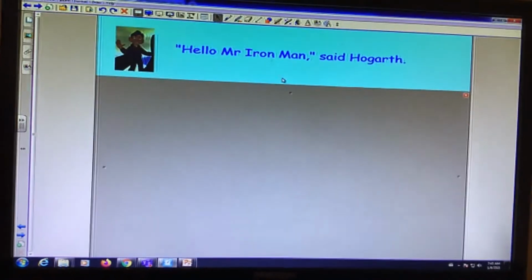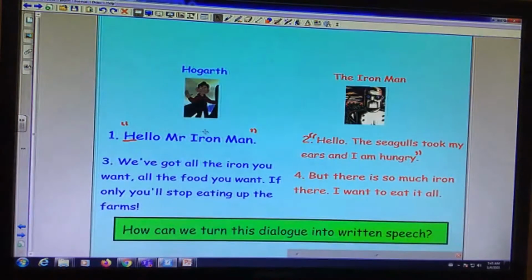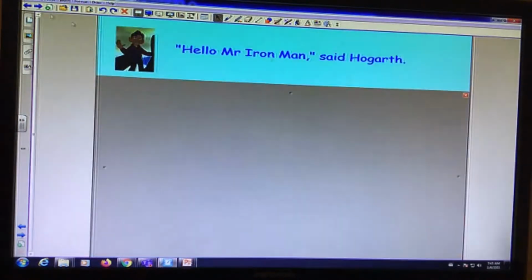All right, so we've changed that a little bit now because Hogarth said, hello, Mr. Iron Man. And it looks exactly the same, but if you look carefully, we've added something else here. All right, there's a bit of a spot the difference here. Hello, so the speech marks come before the first word that is spoken. We have a capital letter. Hello, Mr. Iron Man. That's his name.